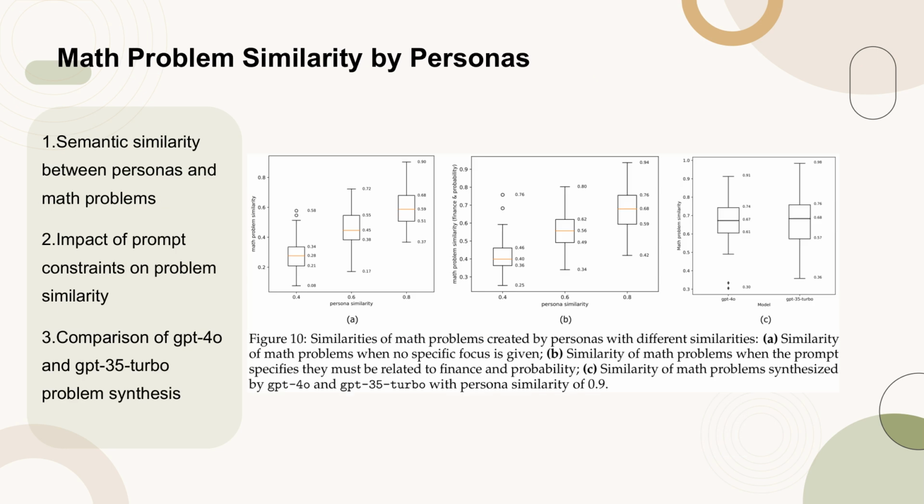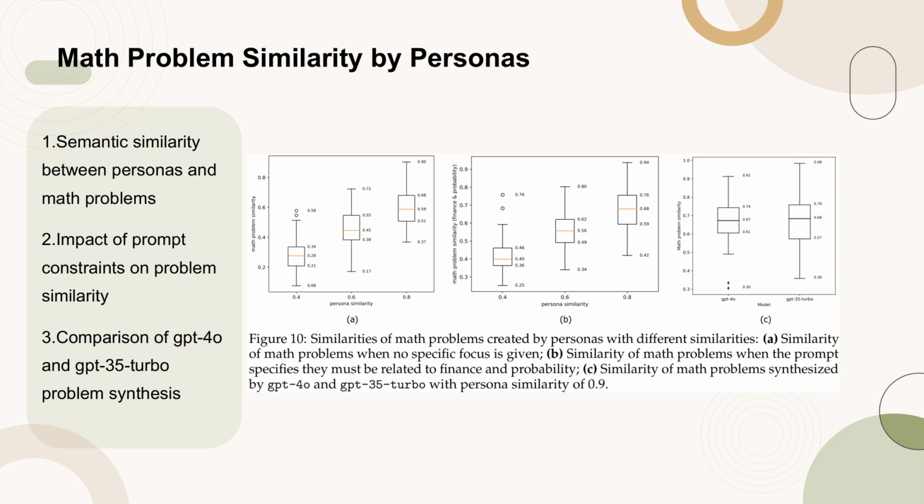Figure 10 illustrates the relationship between the semantic similarity of personas and the math problems they generate. Part A shows the similarity without specific prompt constraints, Part B with constraints related to finance and probability, and Part C compares the synthesis by GPT-4o and GPT-35 Turbo using highly similar personas.